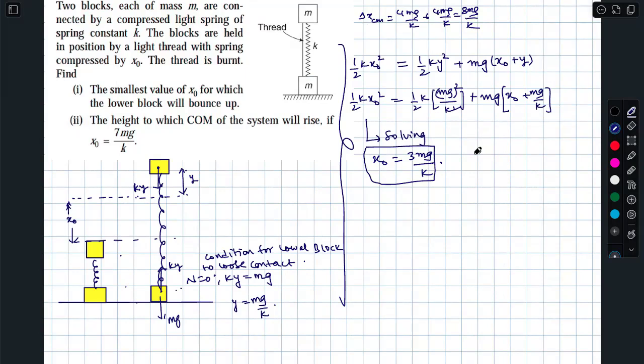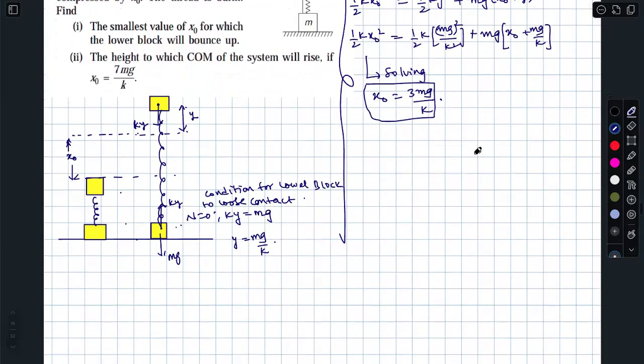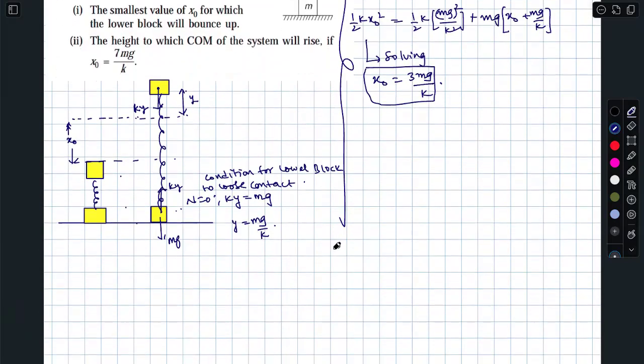Now, what is the second part? The height to which center of mass will rise if x naught is equal to 7mg by k. The problem here is, you have 3mg by k, it will come to rest.